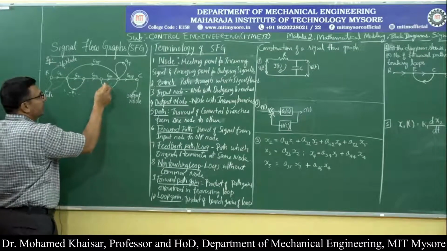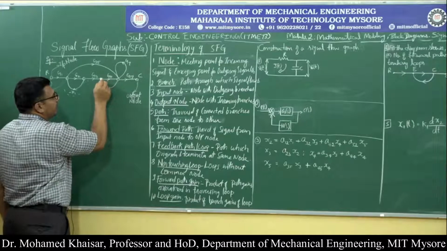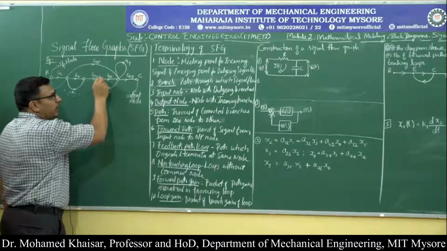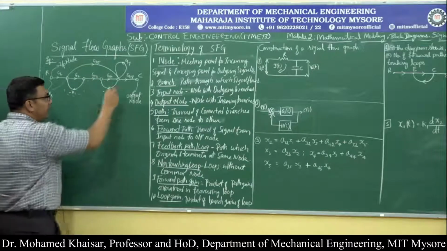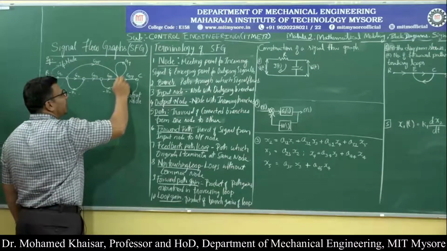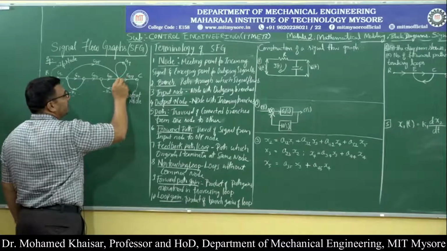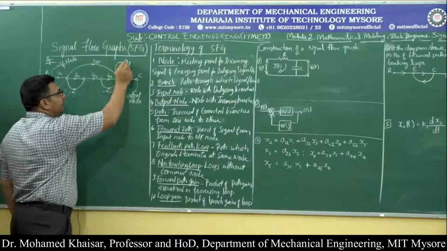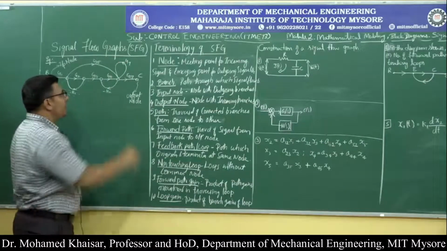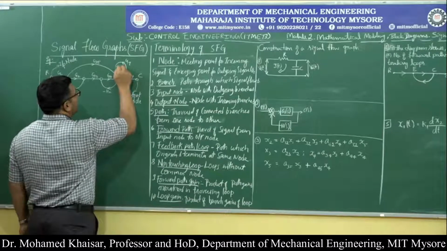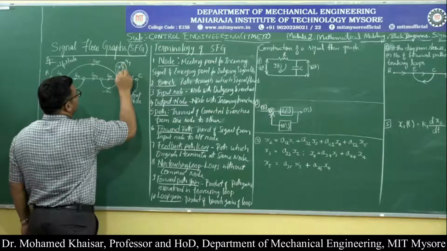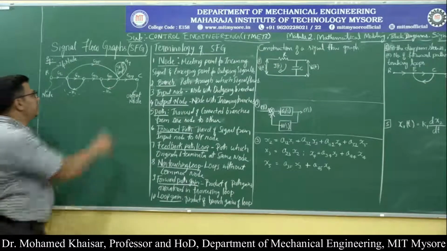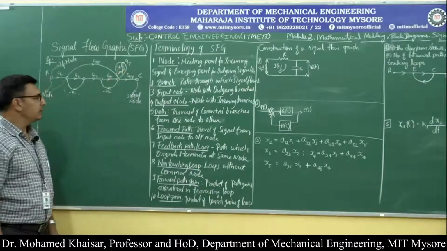Here also, the path has started from this node, gone to this node, then come back to the same node. This is also a feedback path. And here also, this is a feedback path or a loop, because it starts and ends at the same node, even though it is not touching any other node in between. Such a loop or feedback path is called a self loop.